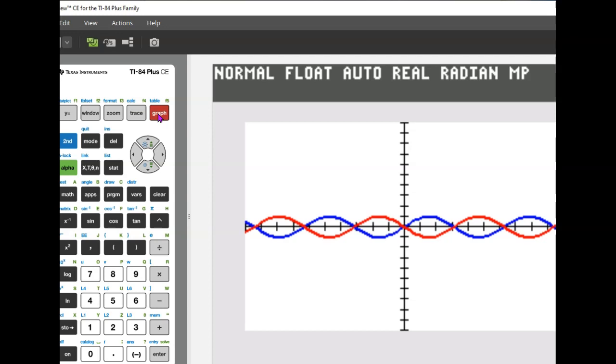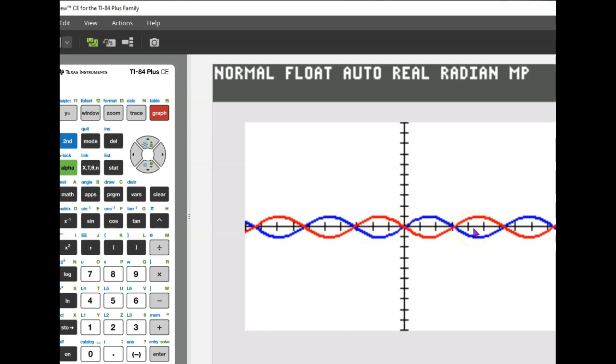But 0 switched over is still 0 because it's the midline, but the max turned into a min, blue max turned into red min, and the min turned into a max, so it's flipped over. But it's still the sine wave because it starts at 0 at the midline.